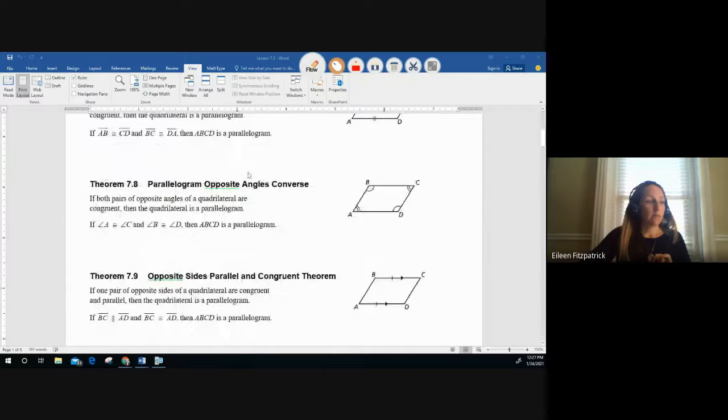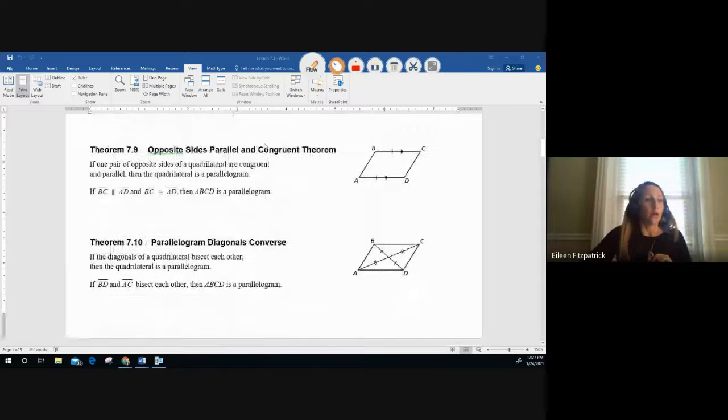Let me move down. Okay, so this one is a little bit different. This isn't one of the converses, right? This is its own little theorem. It says the opposite sides parallel and congruent theorem. Okay, it says if one pair of opposite sides of a quadrilateral are congruent and parallel, then the quadrilateral is a parallelogram. So if you see a figure that looks like this, or it doesn't have to be top and bottom, it could be like that, right?